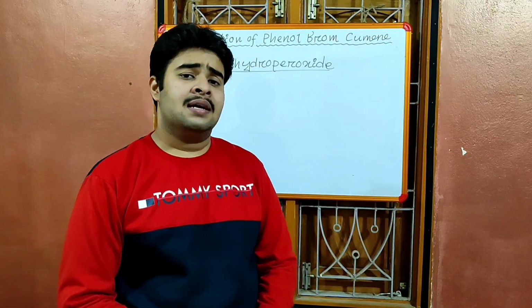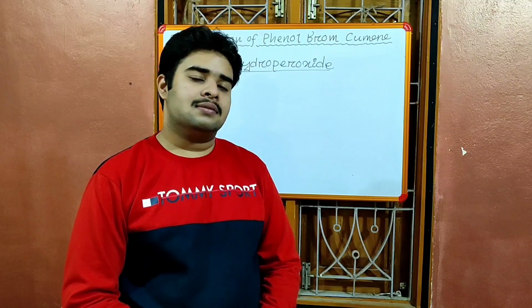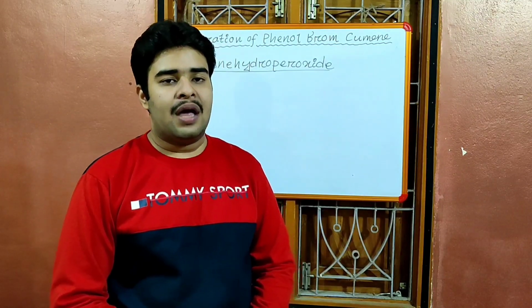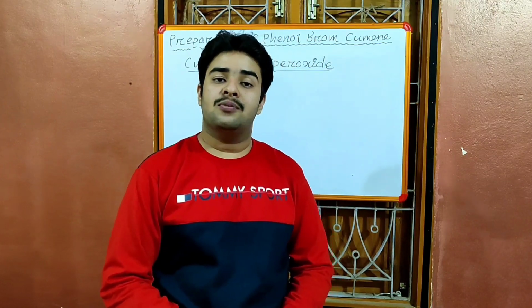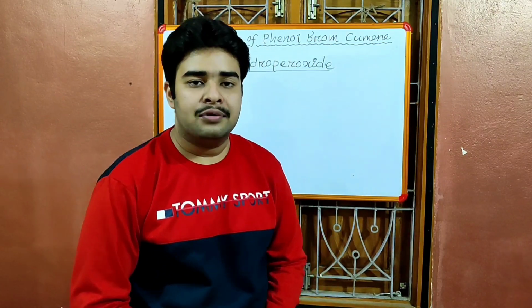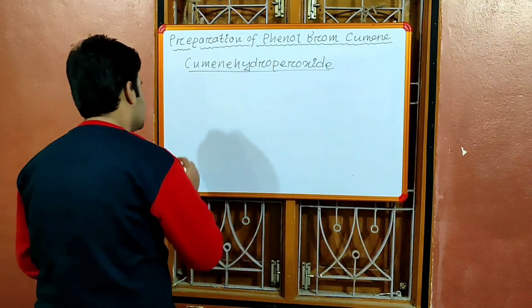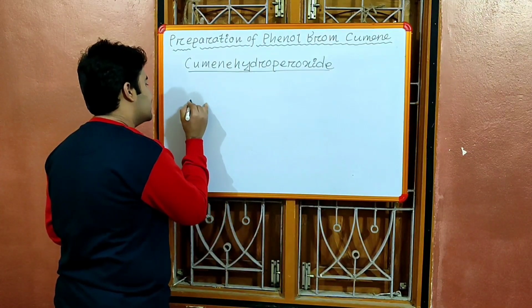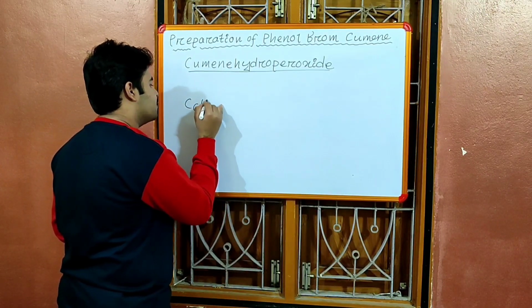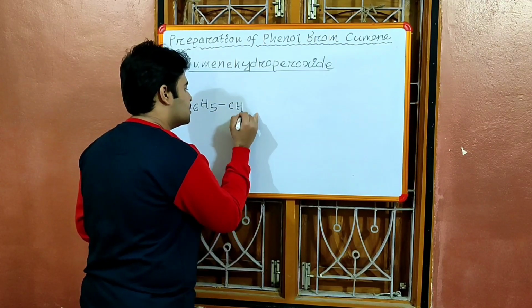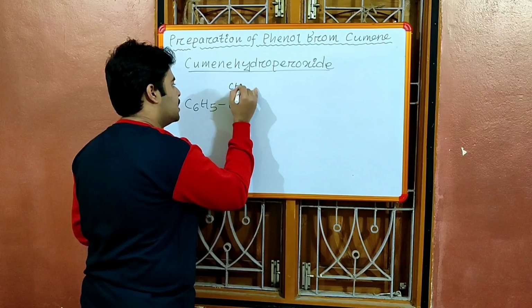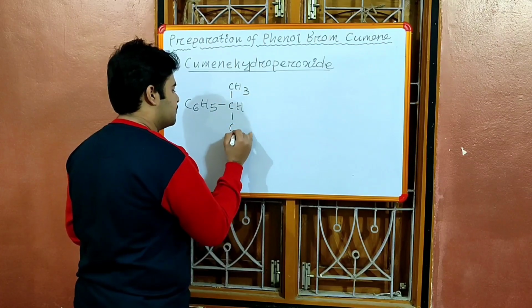For this, the presence of a free radical is mostly needed. So we have to see how we can form our cumene hydroperoxide from cumene. Here is our cumene, that is our C6H5 phenyl, and it is attached to a CH with branched CH3 and branched CH3.